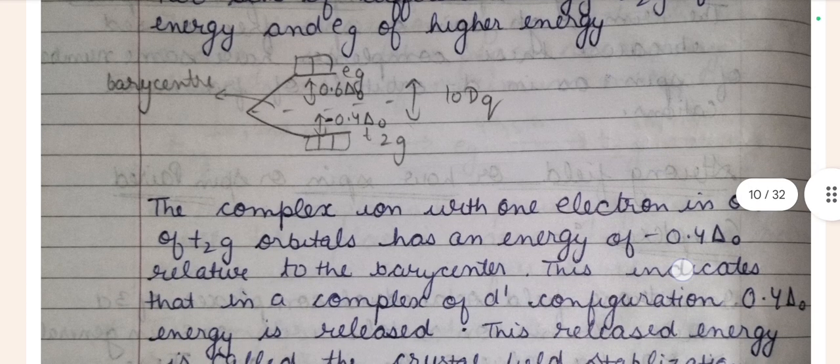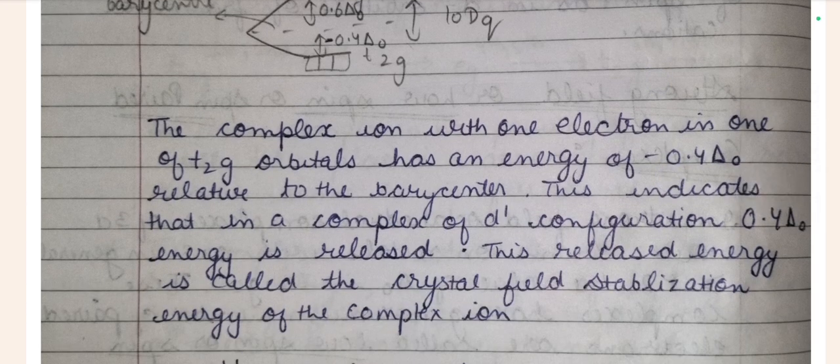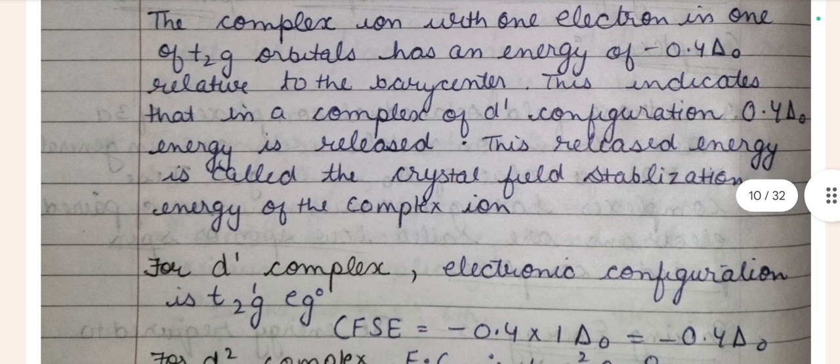The complex ion with one electron in one of the t2g orbitals has an energy of minus 0.4 delta naught, relative to the barycenter. This indicates that in a complex of d1 configuration, 0.4 delta naught energy is released, and this released energy is called the crystal field stabilizing energy in the complex ion.